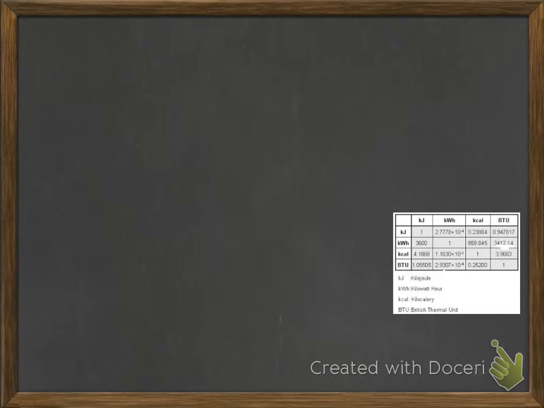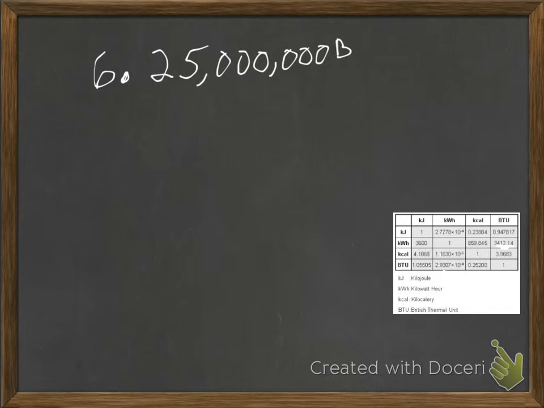Alright, so question number 6 asks you how many barrels of oil would be equivalent to a ton of coal. And the ton of coal, when we look it up on the chart, was 25 million BTUs. And also on the chart, I looked up a barrel of oil, and that comes out to be 5,600,000 BTUs per one barrel.